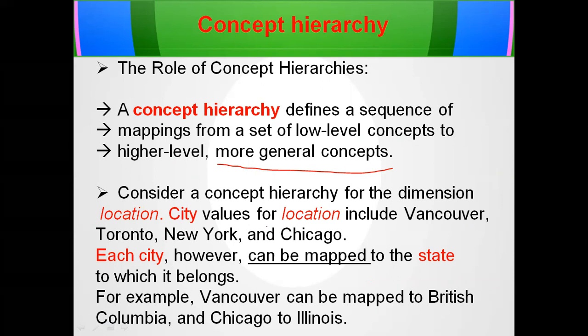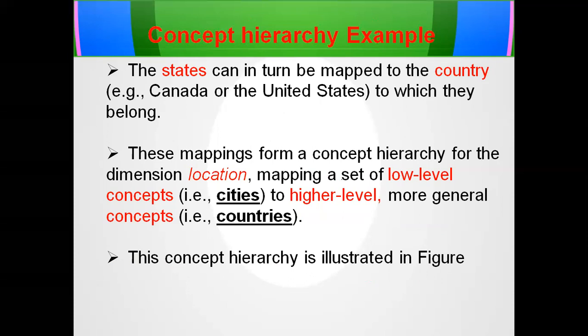city values for the location include, for example, Vancouver and Toronto. Each city, however, we can map to the state to which it belongs, and the state can in turn be mapped to the country, so Canada or United States.